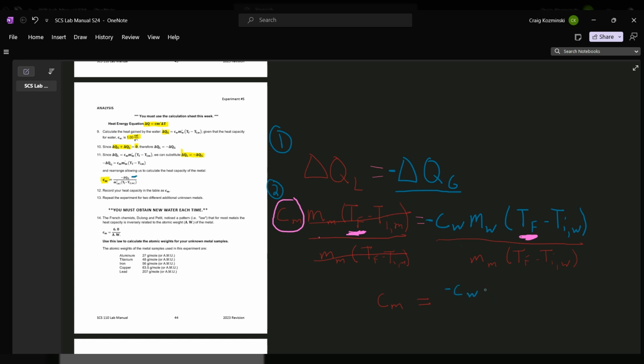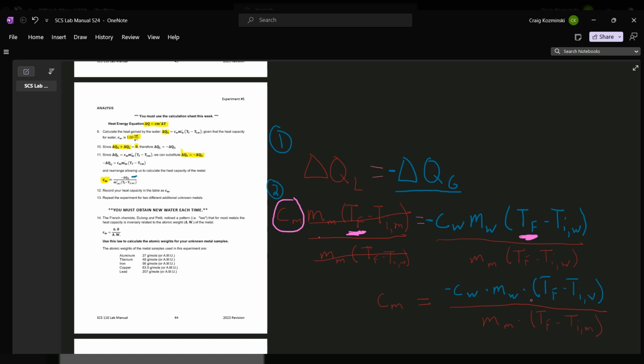Negative CW times M sub W times T final minus T initial of the water. That's the W. And we're going to divide that by our M sub M, that's the mass of our metal, times the change in temperature of the metal. So that's T final minus T initial of the metal.